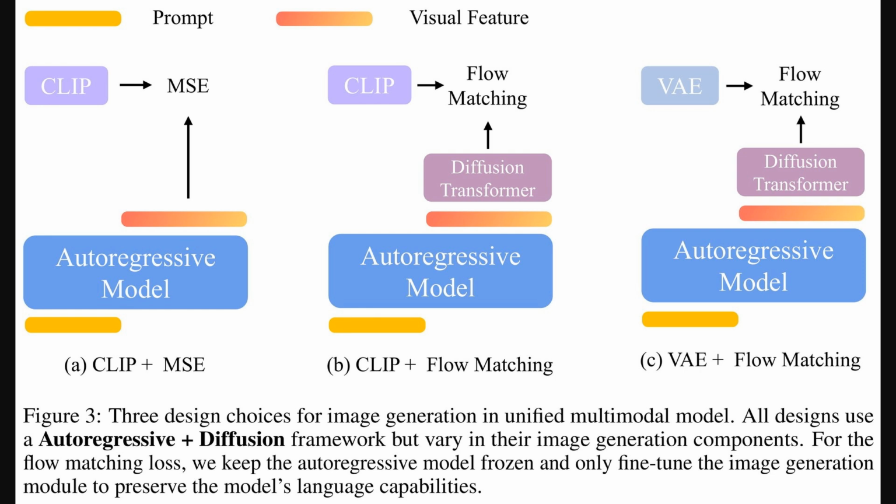Then, option C explores using a variational autoencoder, or VAE, which is a type of neural network that learns to efficiently compress and then reconstruct images, also combined with flow matching. An interesting note is that when using flow matching, they keep the autoregressive model's parameters fixed to preserve its language understanding abilities while training the image generation parts.